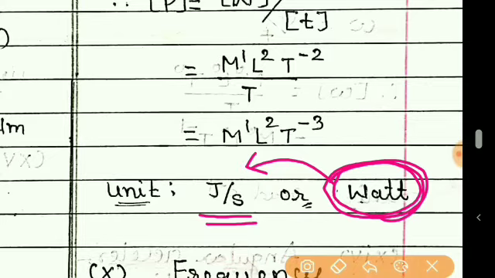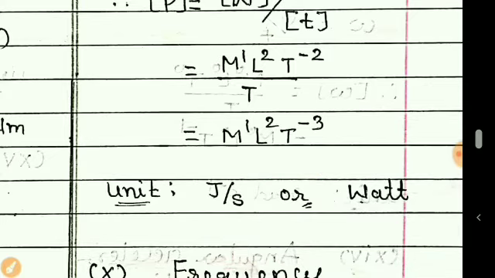So now students, I hope you understand how to obtain the dimensional formula and the unit from the given formula or the formula which you remember. So it is quite easy. If you do more practice, you will find it even easier.